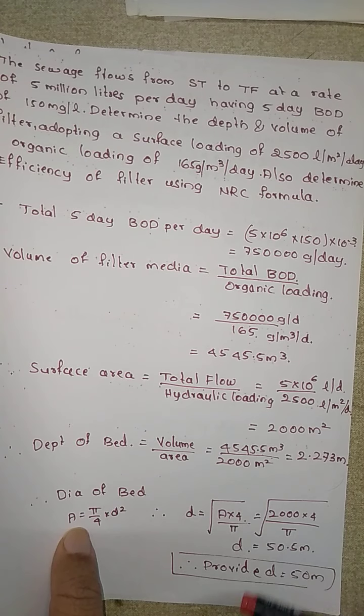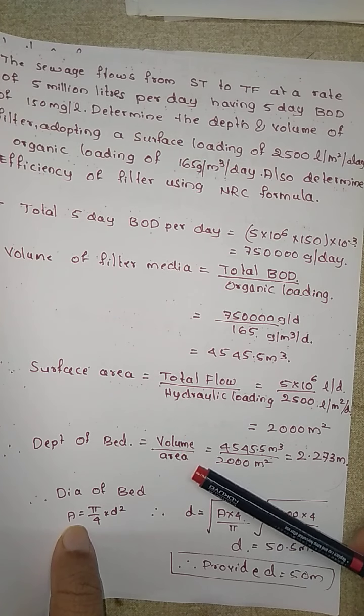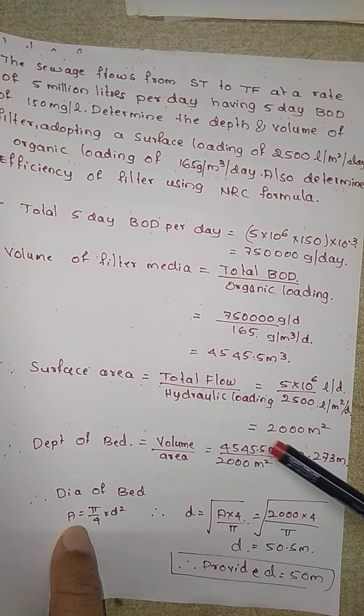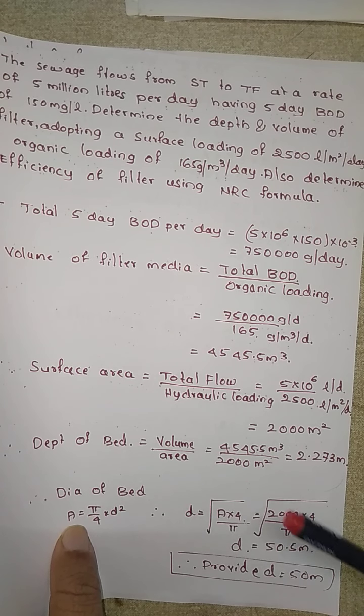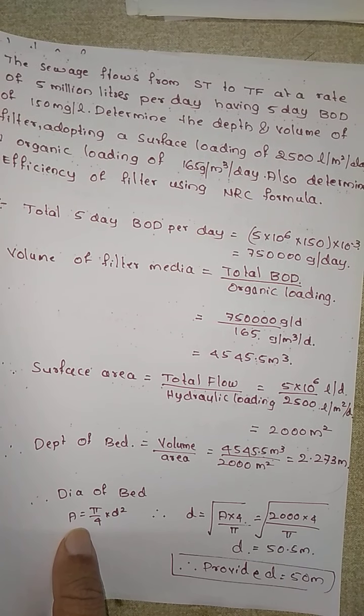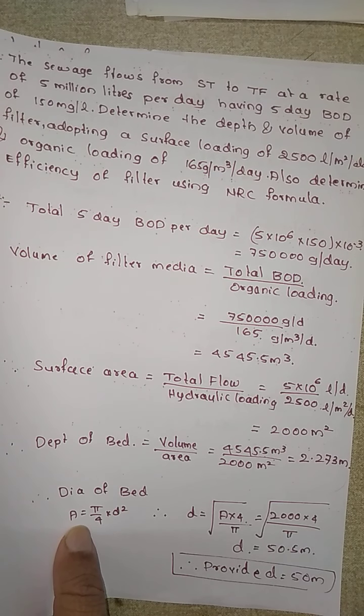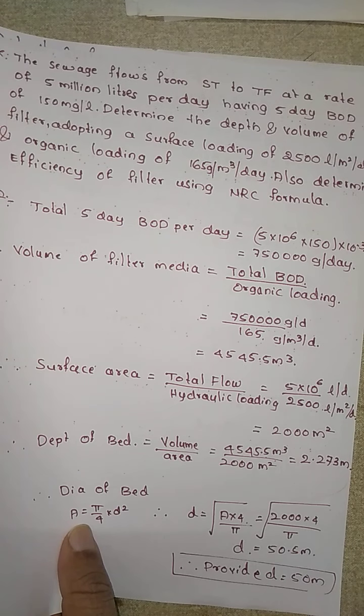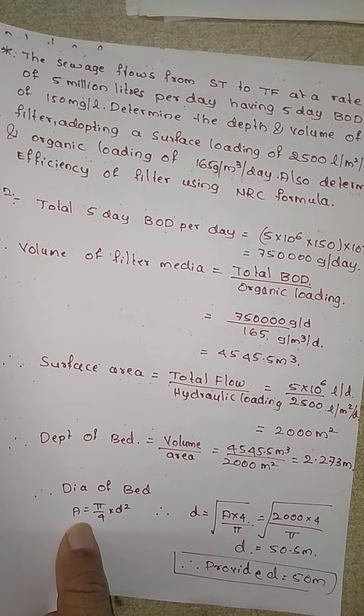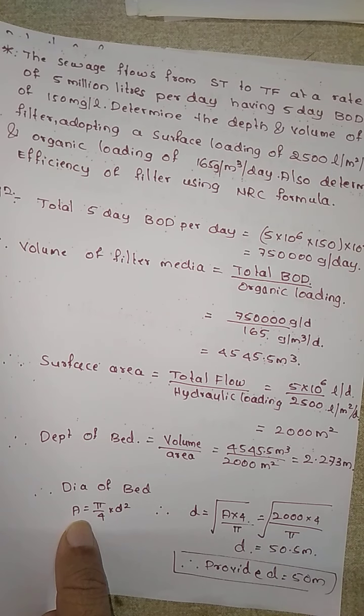From this we can calculate the depth, right? The volume divided by area: 4545.5 meter cube divided by 2000 meter square, we get 2.273 meter. So the depth is 2.273 meter.